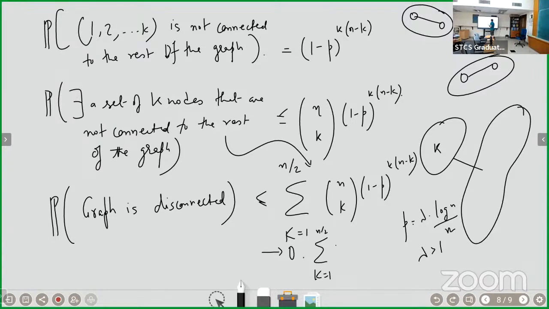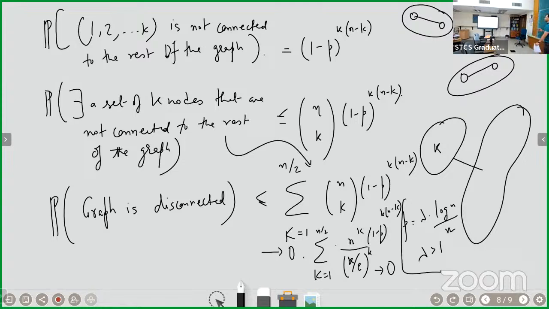Power k by power k. Now P is this. This goes to 0. I'll leave you with that.